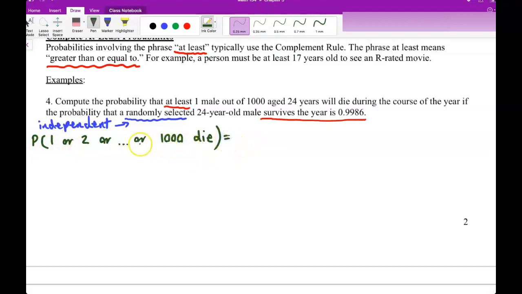To find the answer for that part, since we have or in between, that means we should use addition. So when you have or, addition, when you have and, multiplication.